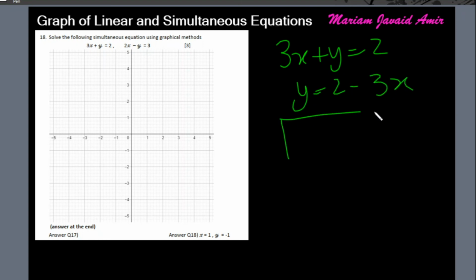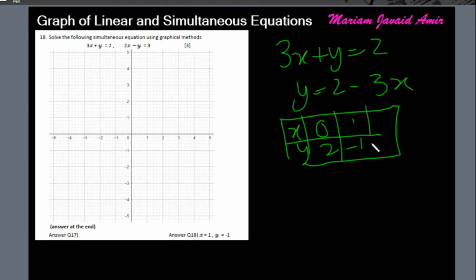So I'm going to take 3 values of x and 3 corresponding values of y. Let's take 0. For 0 I'll get 2. When x is 1 I'll get minus 1, and when x is 2, so 2 minus 6 will be minus 4.